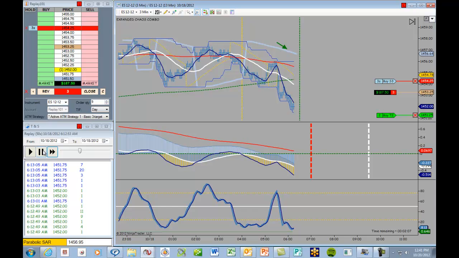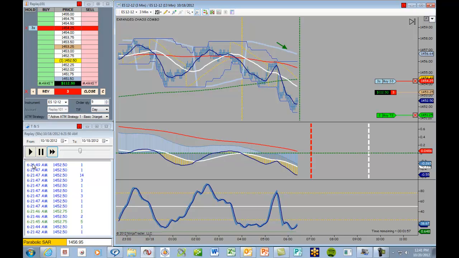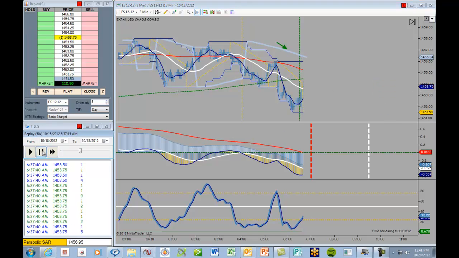I did in the real trade because I got an earlier start, but I don't know if we're going to make it here. Our parabolic has just about caught up to our automated stop. And we're just crossing the line now into the actual day session. And we're stopped out.